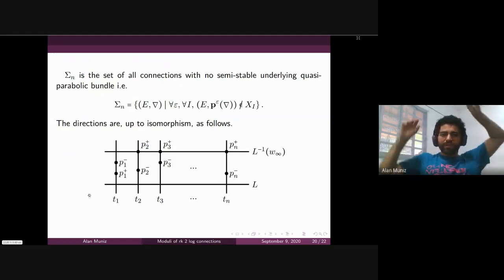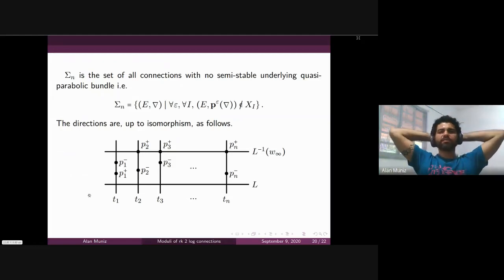Actually, this sigma n, we can see that this is the connection here.